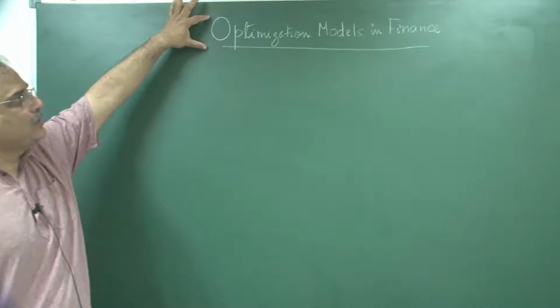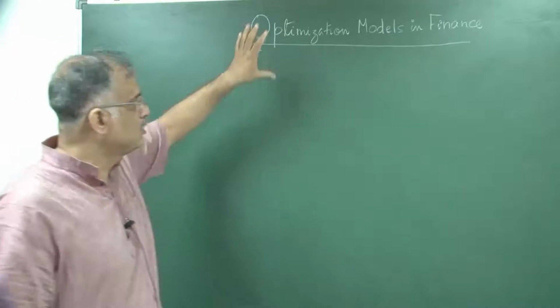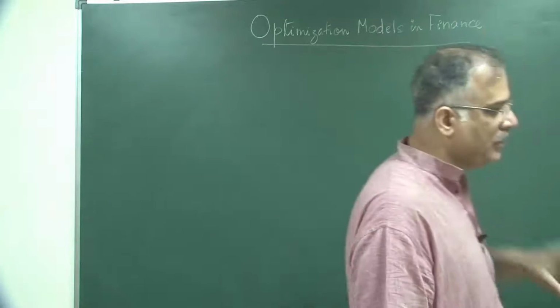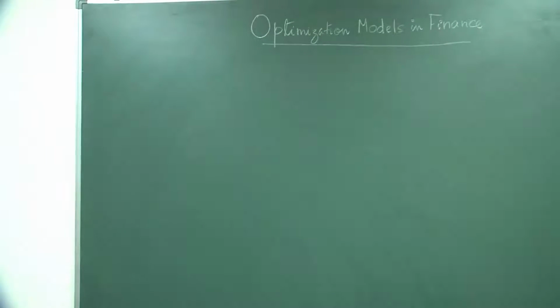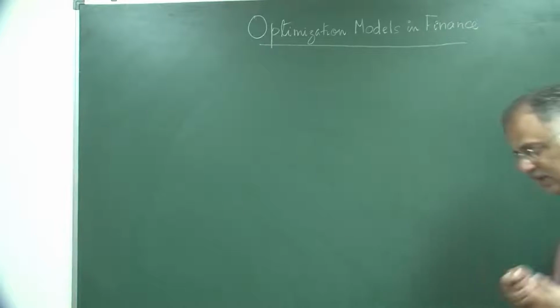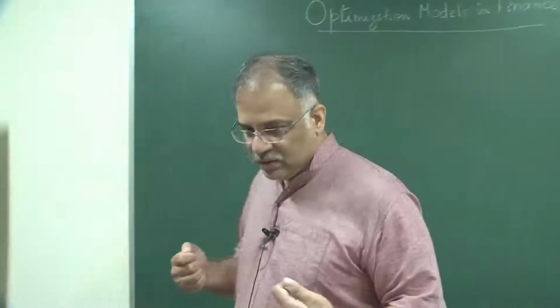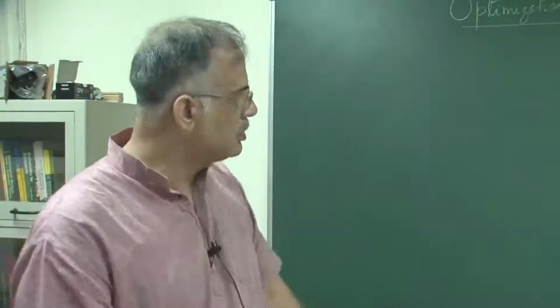So here is the topic of today's lecture: optimization models in finance. Optimization is the science, art and mathematics of choosing the best among a given amount of things by following certain principles or laws, or based on certain conditions.